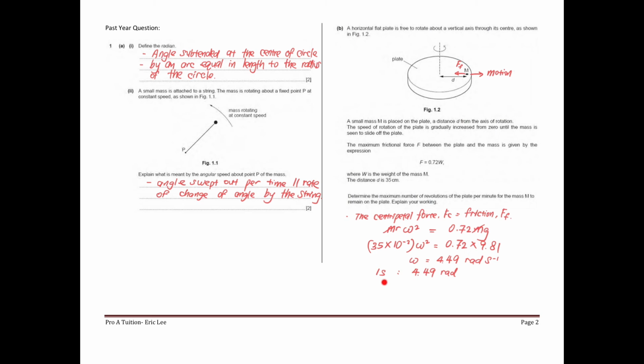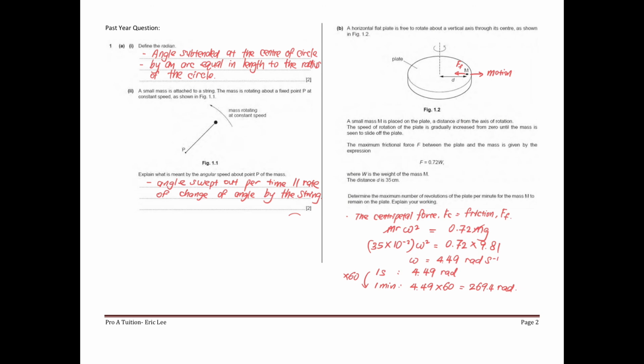So 1 minute is 60 seconds. So we have to multiply by 60 in our situation here. By multiplying with 60, you get 1 minute equal to 4.49 times 60, which is equal to 269.4 radian.